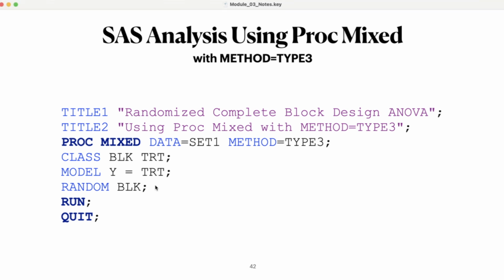So we have to tell SAS proc mixed that block is random, and we do that very easily and intuitively with the random statement. So we issue the random statement, which says that the variable or variables that follow are random effects. And we have one random effect besides the random error term in this model, that is block, BLK. And so we just specify that. For a randomized complete block model, that's all we have to do in order to set up the model correctly.